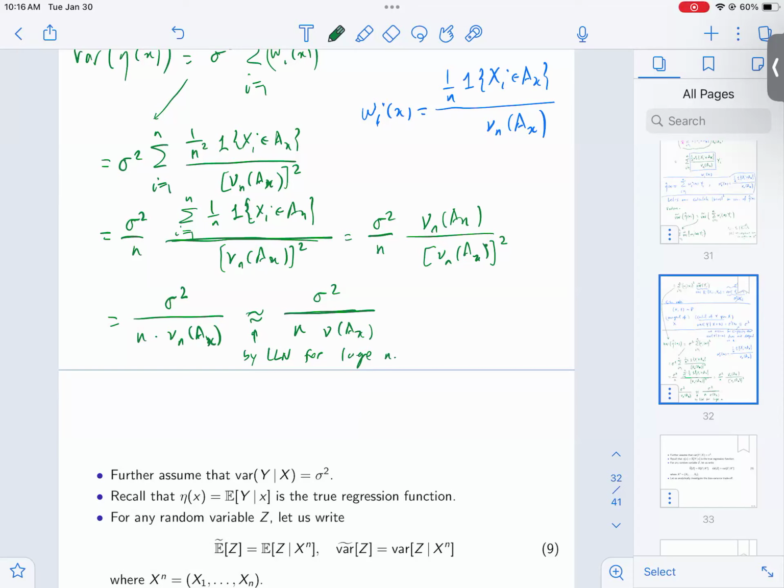That's my variance for very large n. As you can see, it's going down like sigma squared over n, and there's a factor here. Intuitively, nu of A_x is like a measure of size. So as the A_x regions get larger, the variance of eta hat, our estimator, goes down.